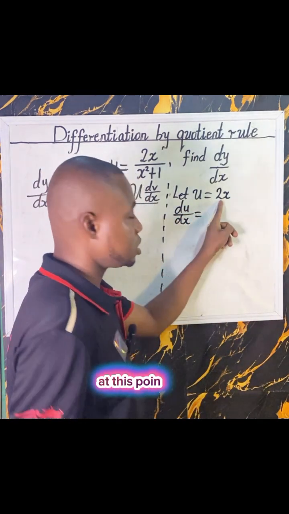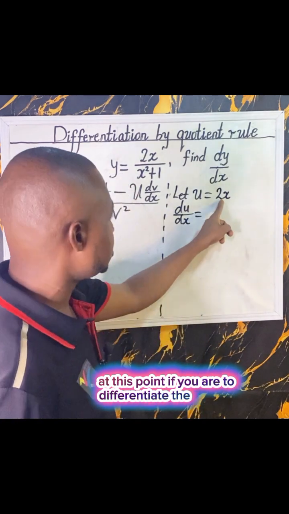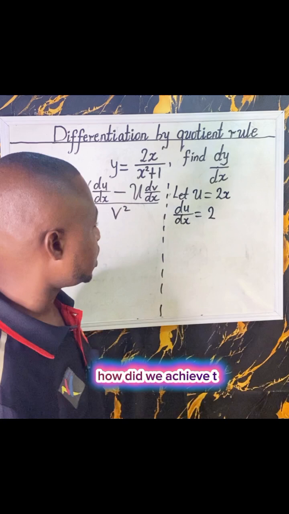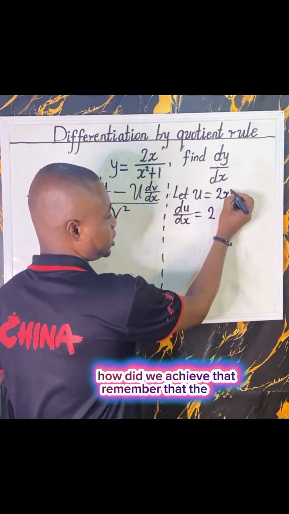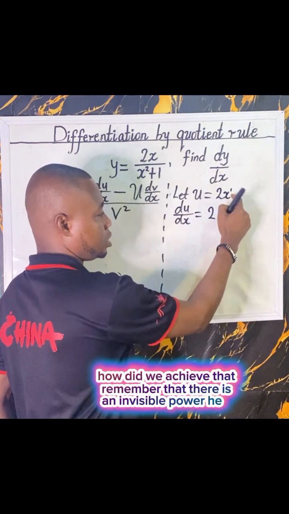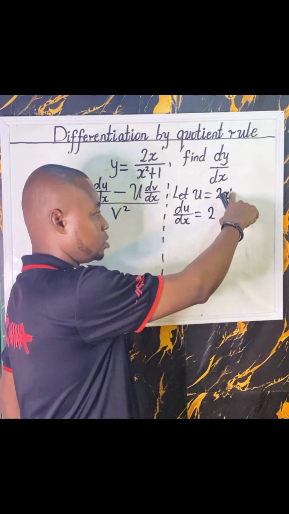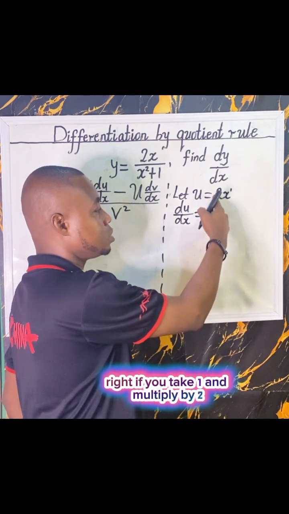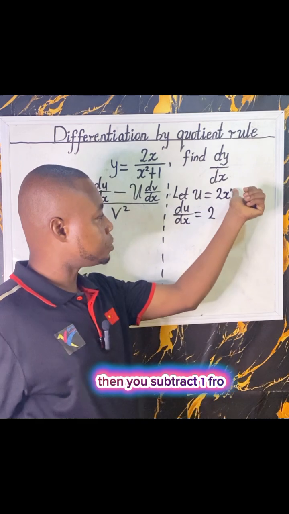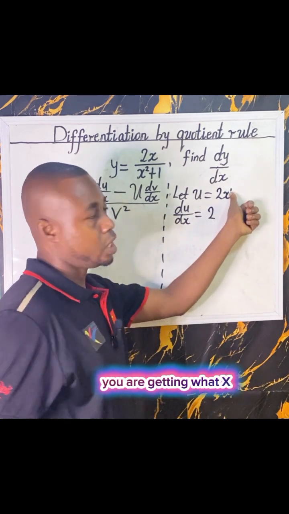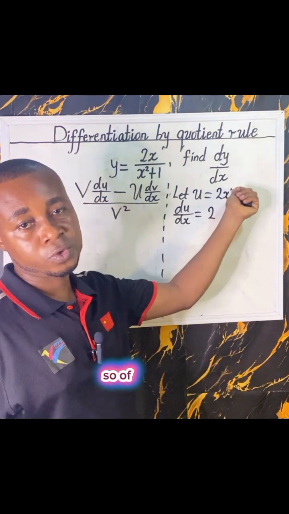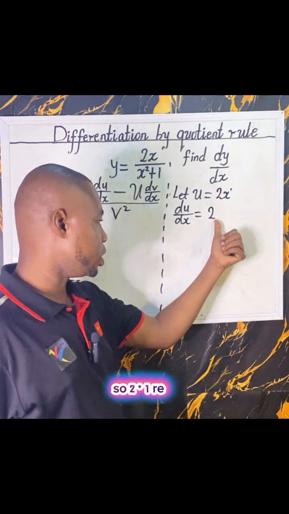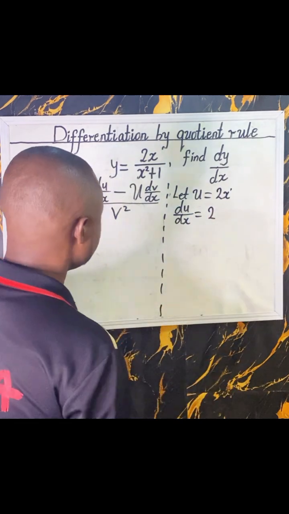At this point, if you differentiate 2x, you get what? 2. How did we achieve that? Remember that there is an invisible power here, which is 1. If you take 1 and multiply by 2, then you subtract 1 from this one, you are getting x raised to power 0. Of course, any value raised to power 0 is what? 1. So 2 times 1 remains 2.